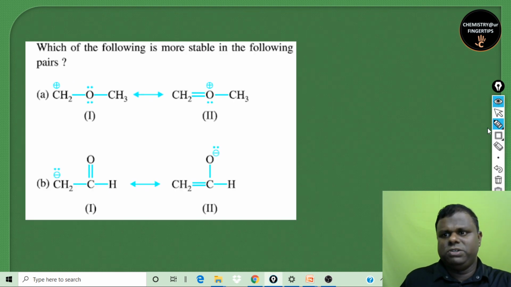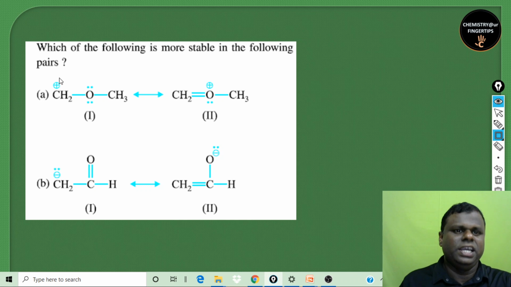Now let's talk about this particular molecule. This is nothing but an ether, a methoxy ether connected to a carbocation. The first rule is neutral. Here both structures are positively charged, so neither is neutral anyway. Move on to the next rule: complete octet.